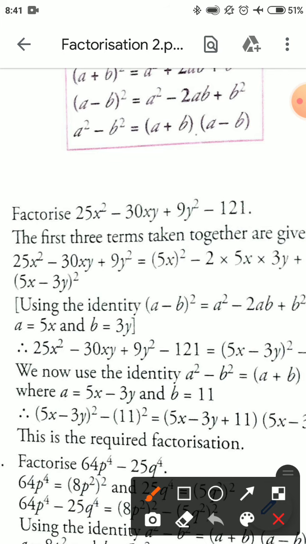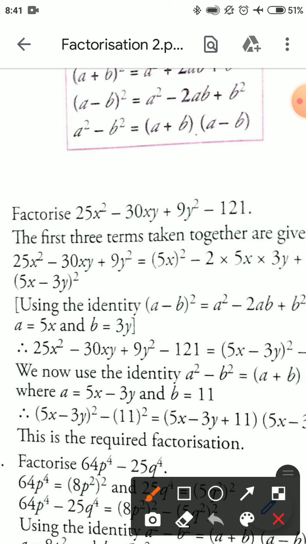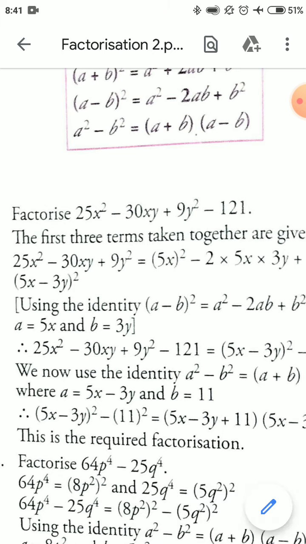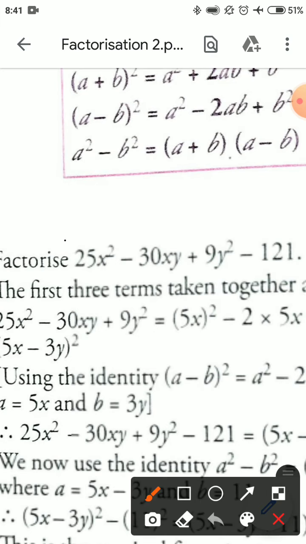So we will break this expression into two parts. First we will break it into 25x square minus 30xy plus 9y square, and minus 121.